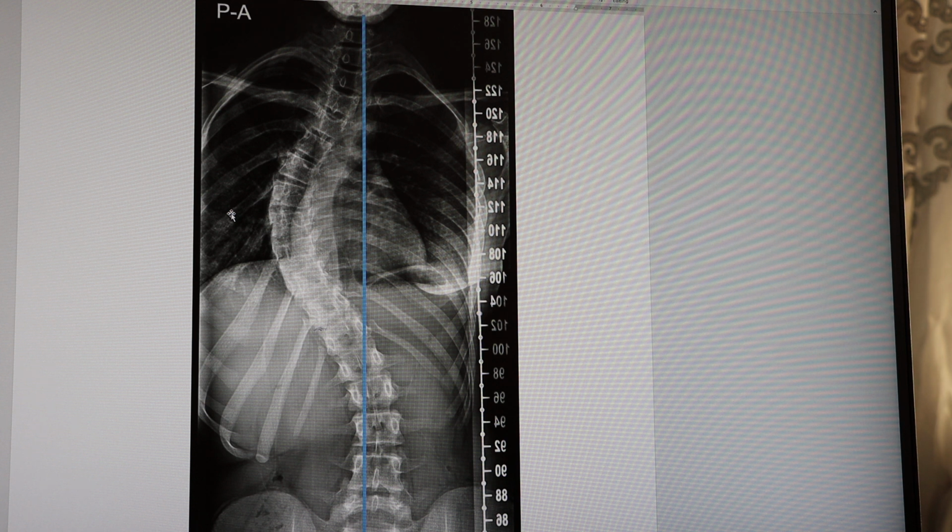T12, L1, it's a thoracolumbar curve. L2 to L5, it's a lumbar curve. And there is another thing which we call an incomplete lumbosacral curve, which we'll talk about later on. And that is specifically a curve name for the sacral region.